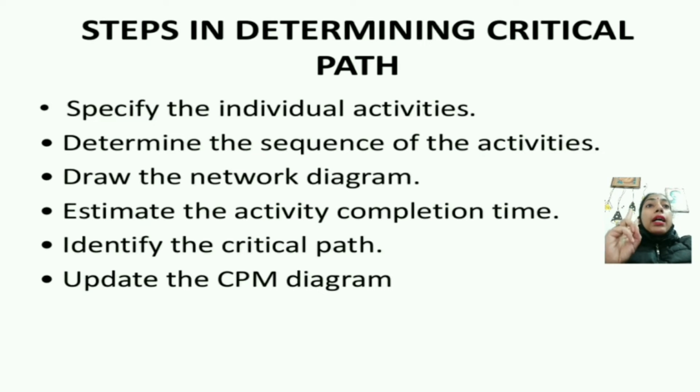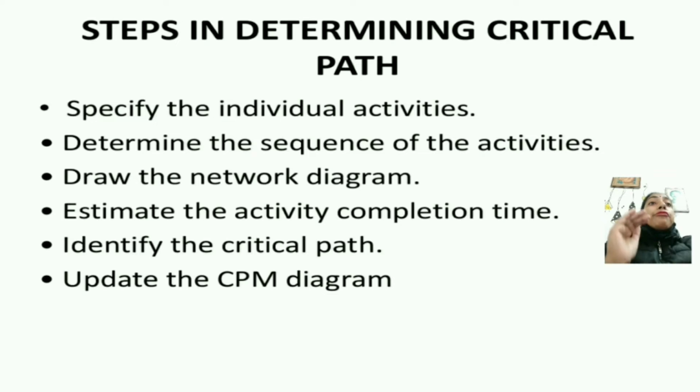Then comes the earliest finish time. Earliest finish time is earliest start time plus activity duration. Then comes the latest finish time. Latest finish time is the latest time an activity can finish without delaying the project.